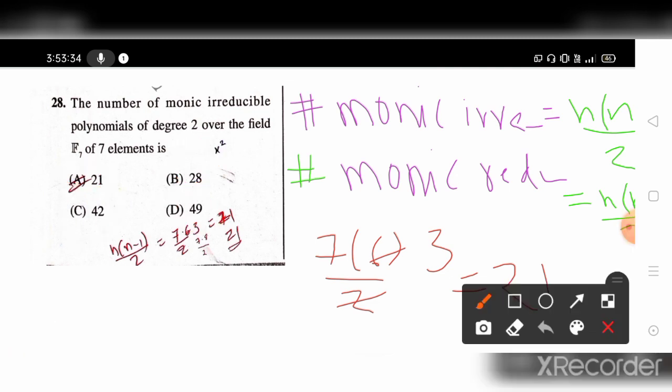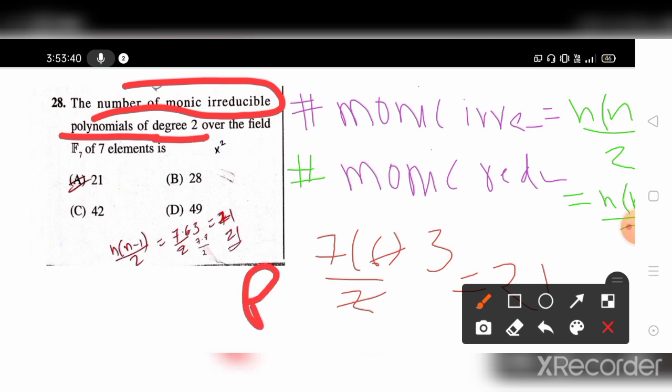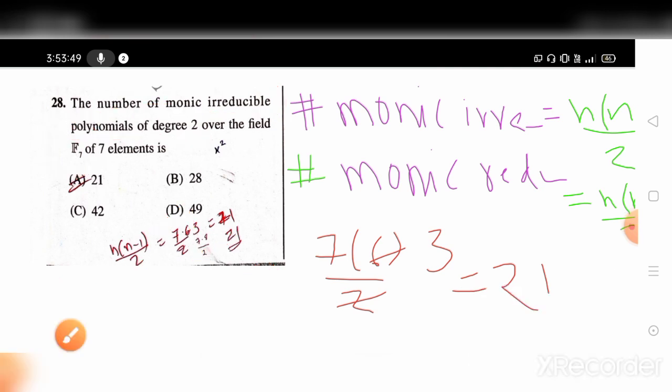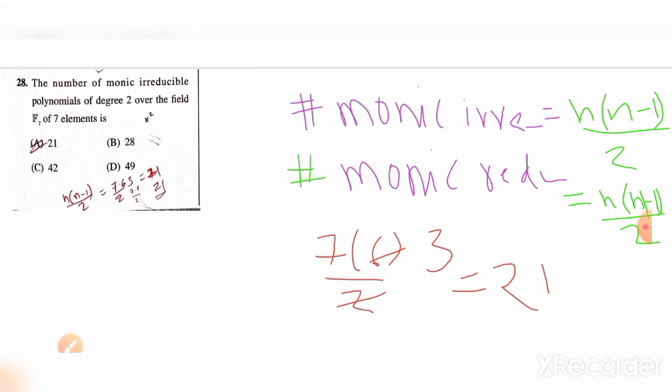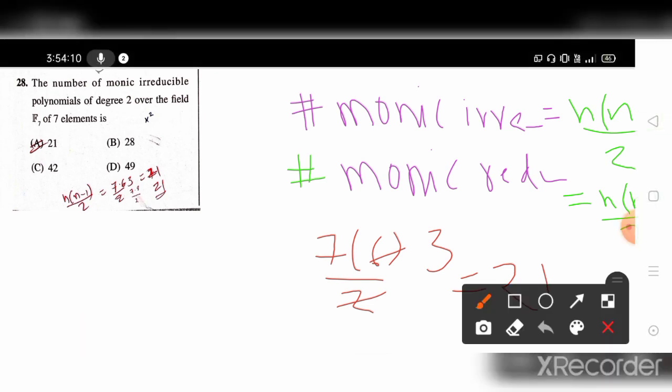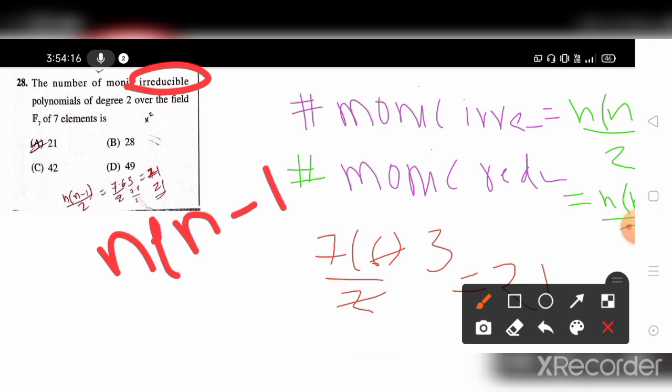One formula: the number of irreducible polynomials equals n into n minus 1 upon 2, and the number of reducible polynomials equals n into n plus 1 upon 2.